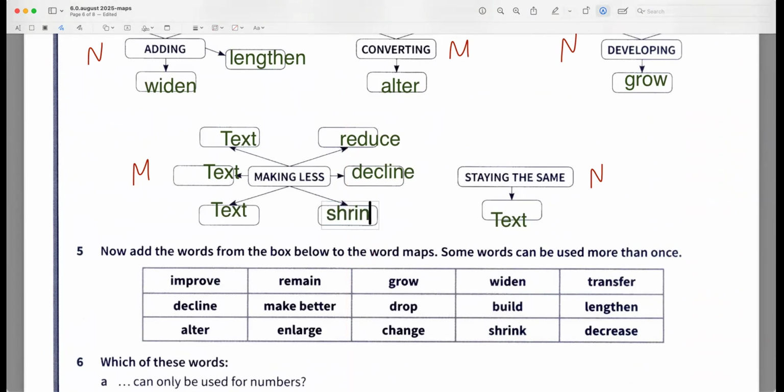Like your clothes after you wash with warm or hot water, it became smaller, shrink. Co lại. Yeah. Next one. Decrease. Yeah, decrease. Okay. Drop. Yeah, drop.